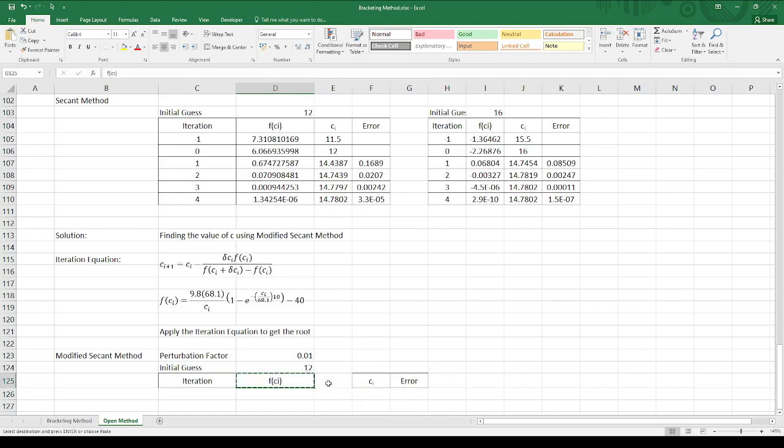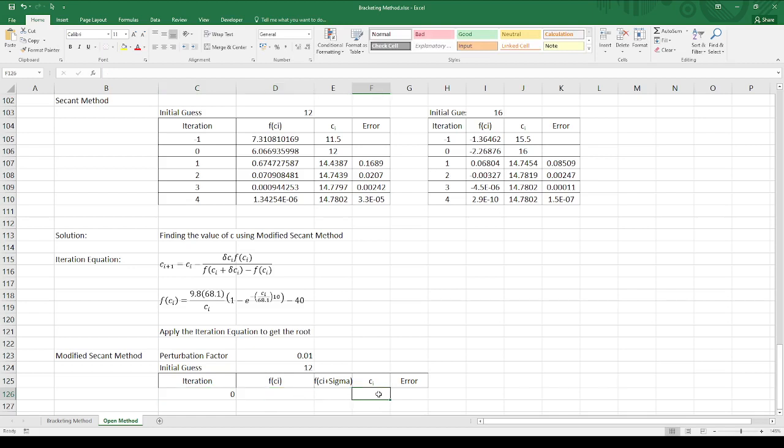So let's copy this one. So that should be F of C sub I plus the perturbation factor. It's not visible. Let's just say the sigma.